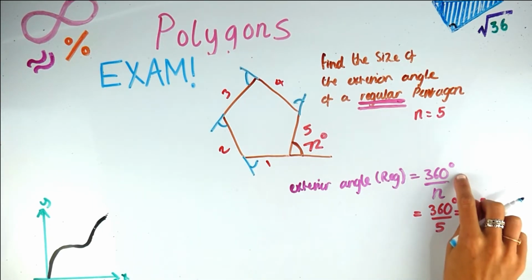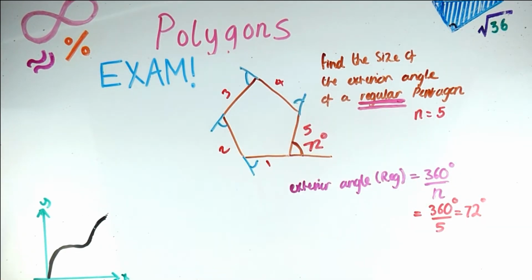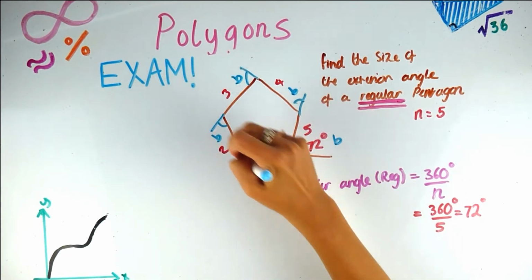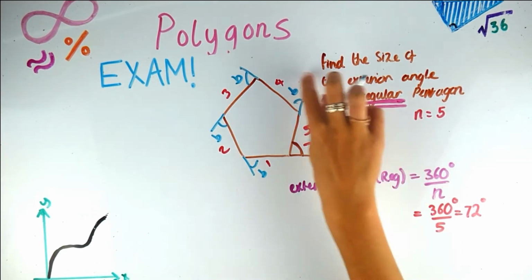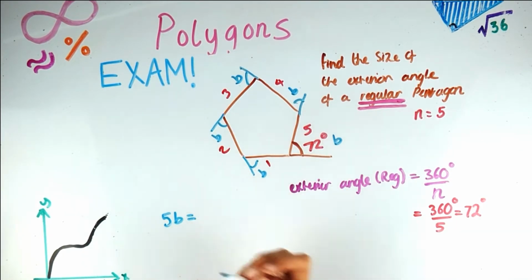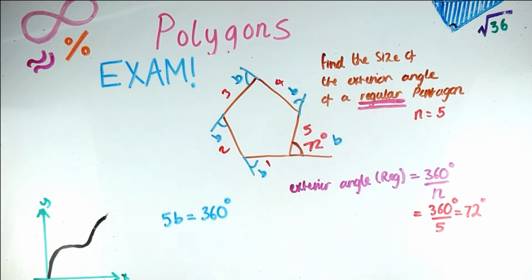And this is why this formula works. If you add all of these up, because it's regular, you know they're all the same size. So if I say this is B, this is B, this is B, this is B, this is B, I've got B, B, B, B, B. So I've got 5B, and we know for all polygons, regular or irregular, the exterior angles sum to 360 degrees.